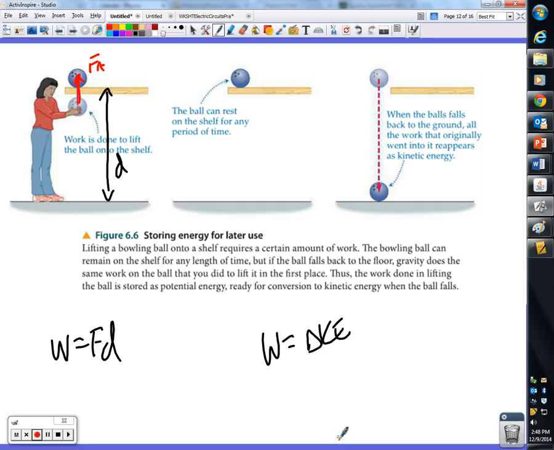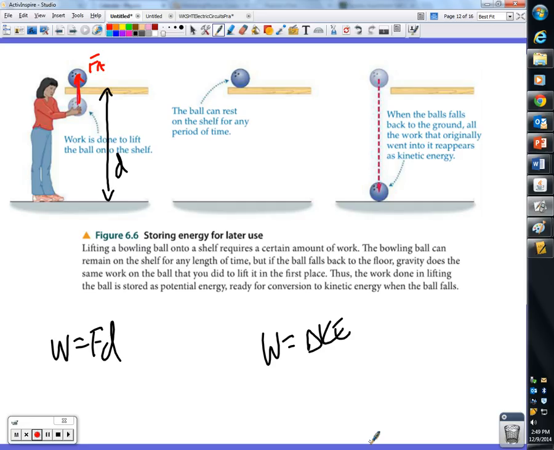Before the bowling ball started moving, before she picked up the bowling ball, it wasn't moving. After she places it on the shelf, it's not moving. Meaning, was there any change in the kinetic energy?